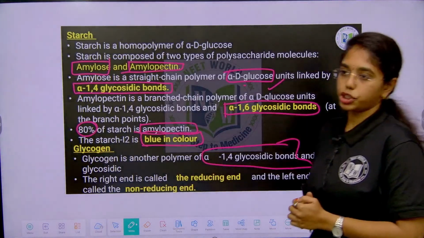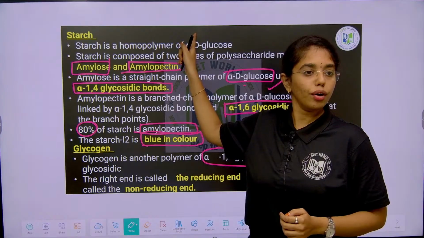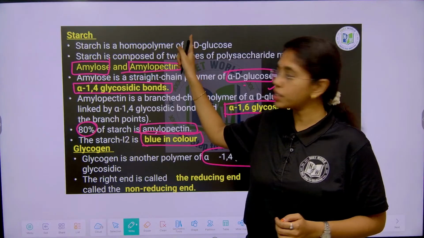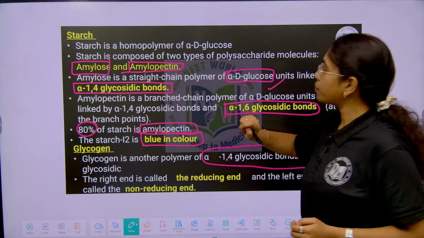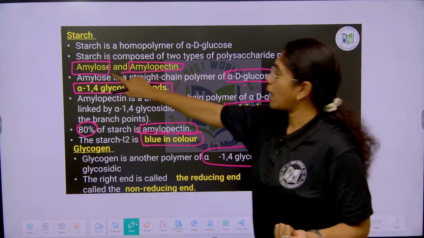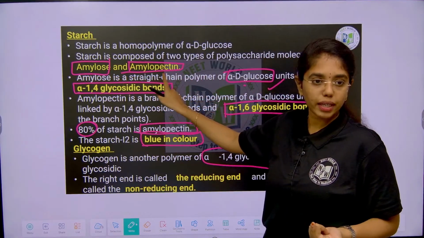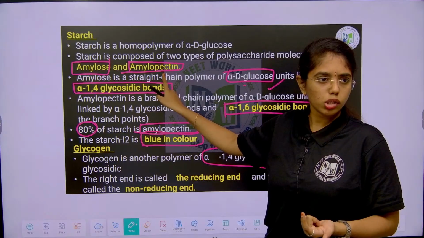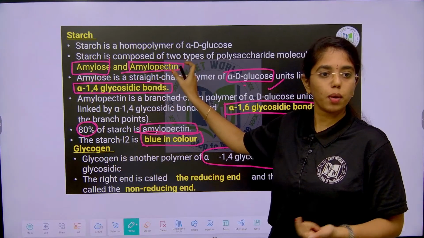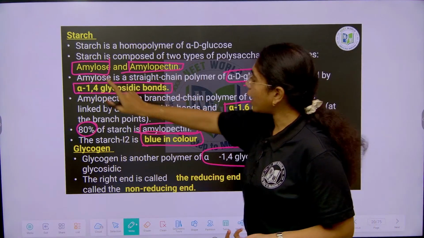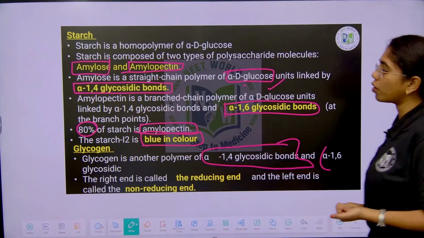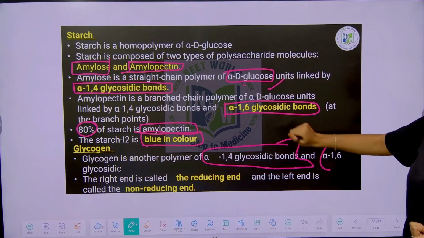And then starch. Starch has dextroglucose, alpha D glucose units, and it has two types of polysaccharide molecules, amylose and amylopectin. Both of them have glucose only, but the type of branch formation is different. Like amylose have what bonds? Alpha 1,4 glycosidic bonds, and here it has what?